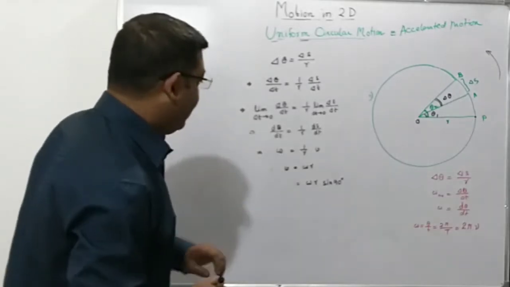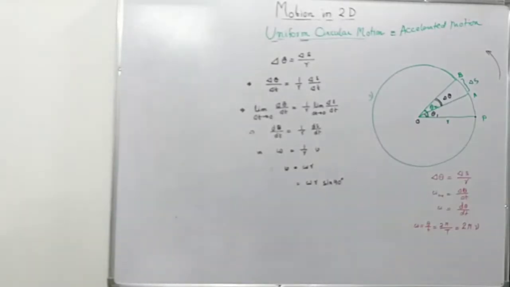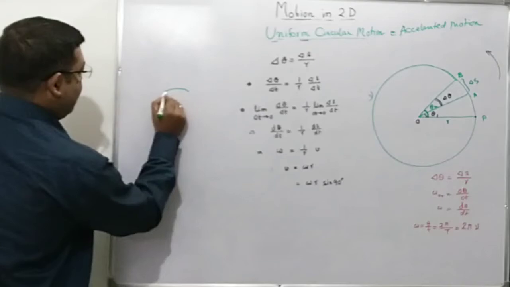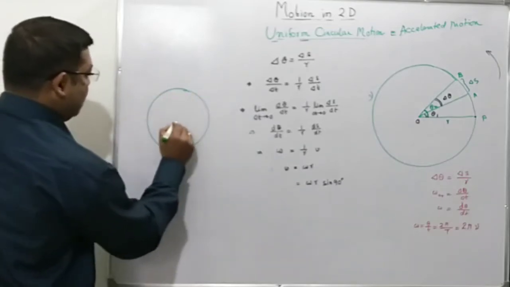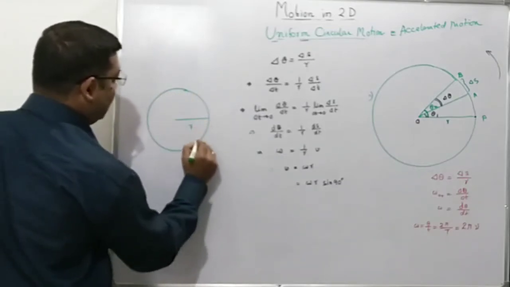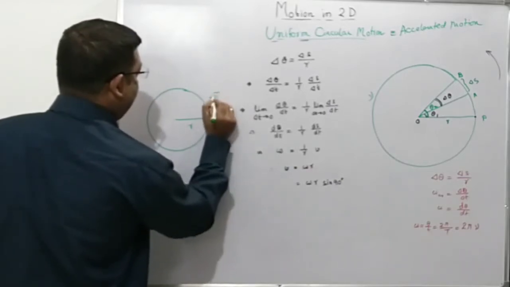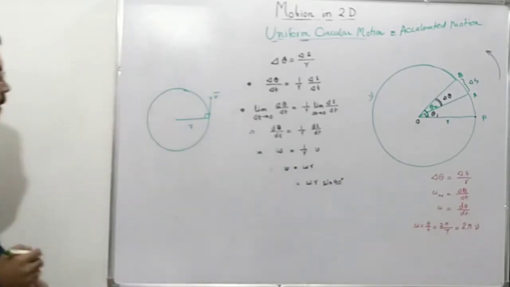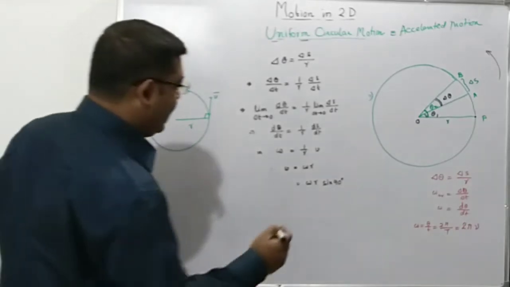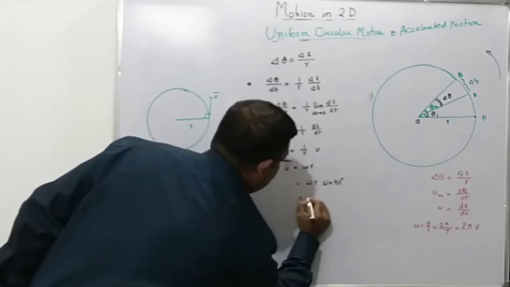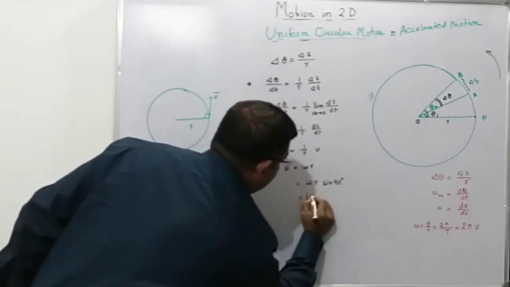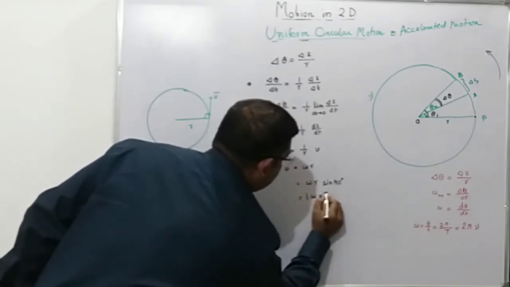Now, if we look at this situation, let us say this is an object traversing this circular path, radius is r, we know that the velocity will be given by v, and this is 90 degree, right? So we can say this is equal to modulus of omega cross r.